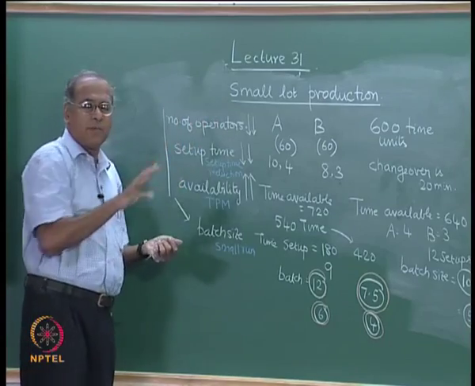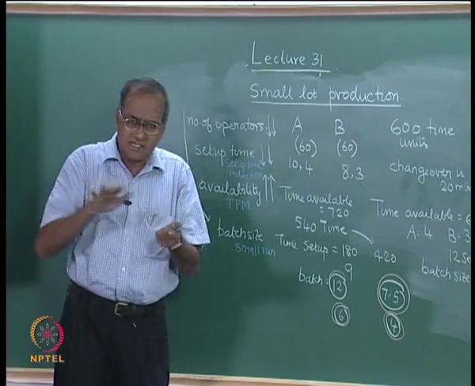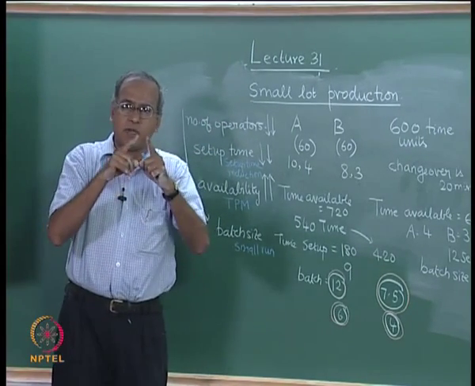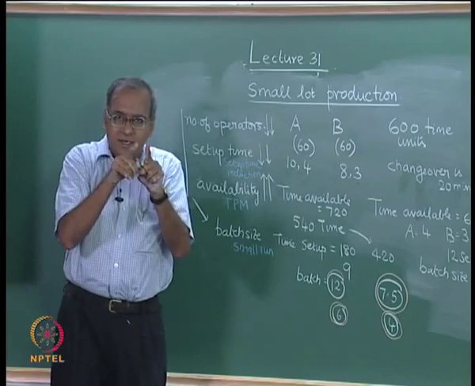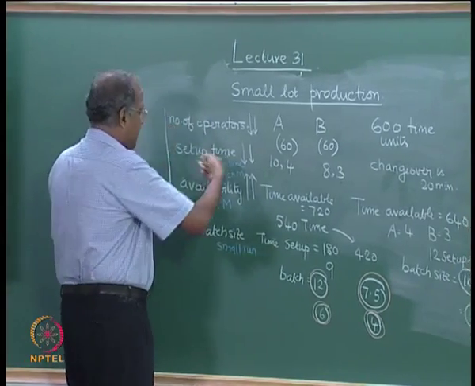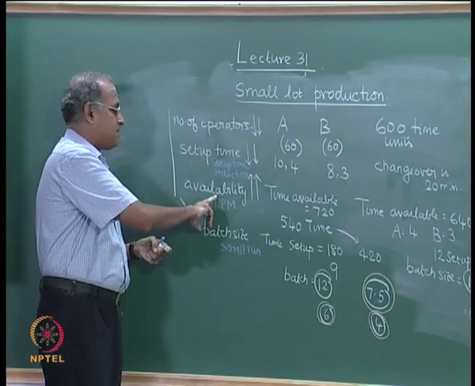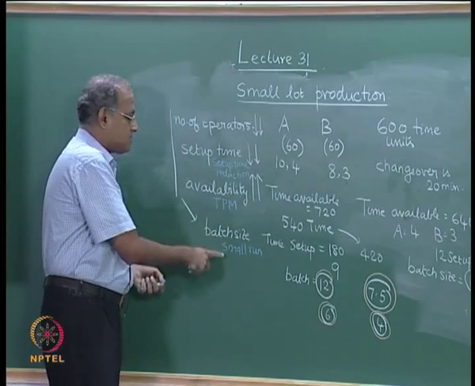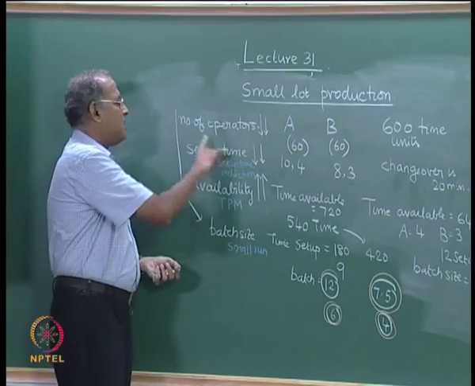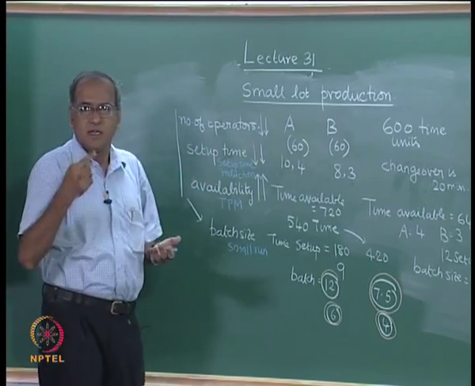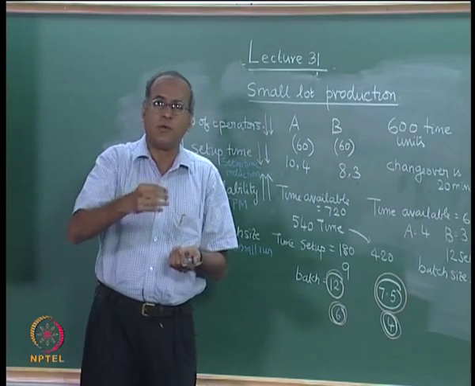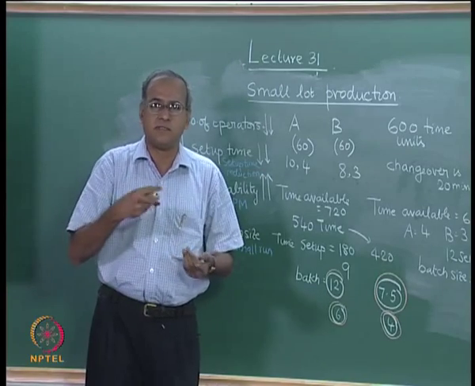So, the number of operators is the constraint that we have, and these operators have to be used correctly, so that by constantly trying to reduce setup times and increase availability, small runs are possible. Many times the number of operators is also fewer than the number of machines that we have.